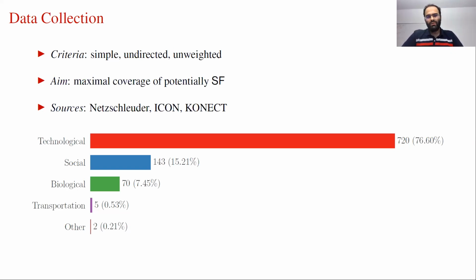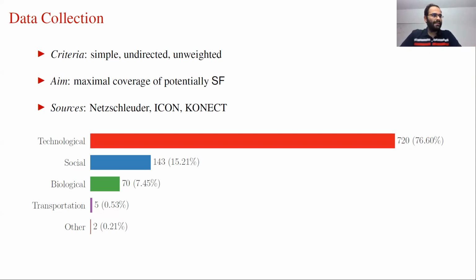And we aimed to have a maximal coverage of potentially scale-free graphs. And to do this, we included all the networks that matched the structural criteria that I mentioned earlier from 3 major studies on the abundance of scale-free networks. And the sources that we used to actually collect these networks, basically the network repositories, were NetLawyer, Icon, and Connect.